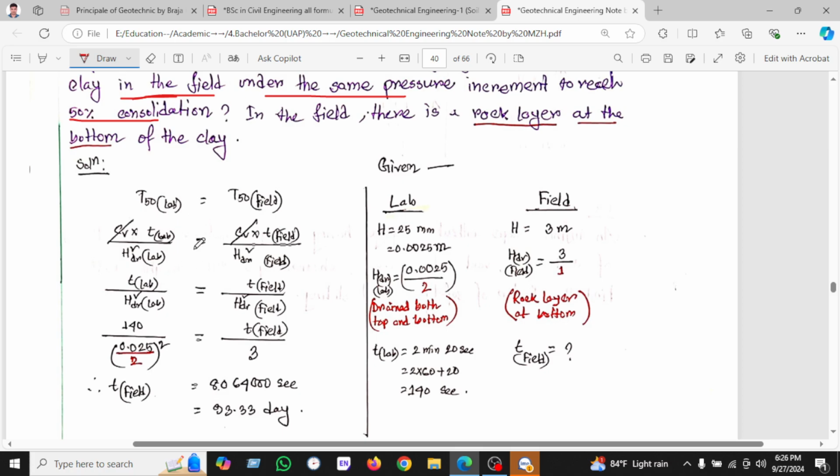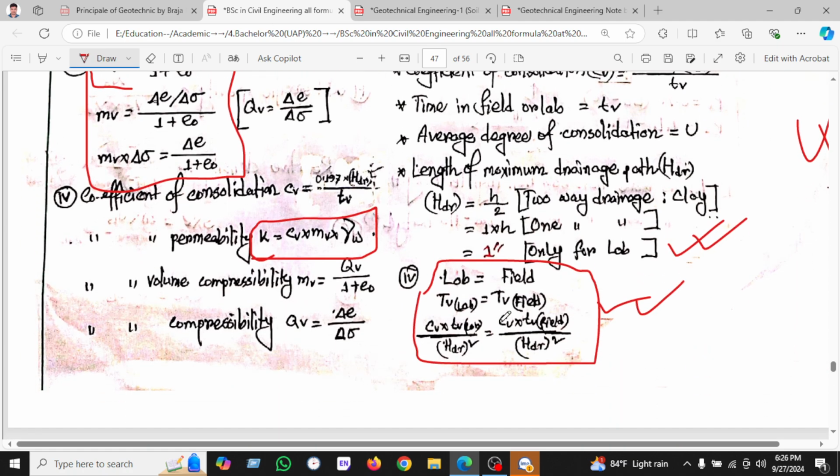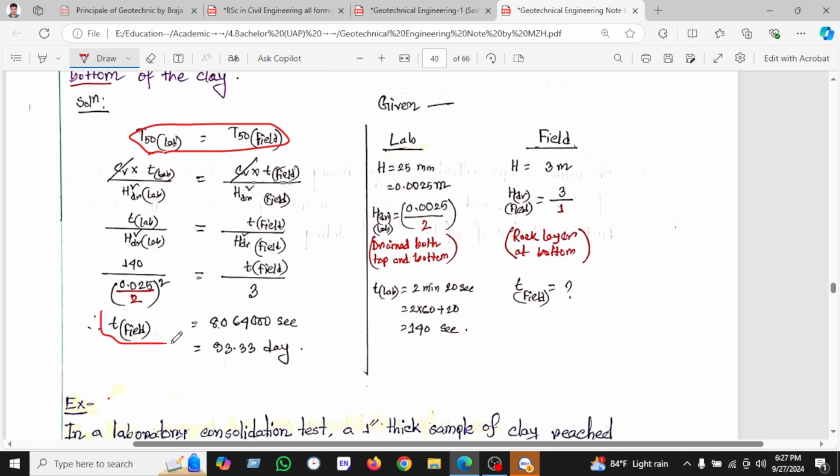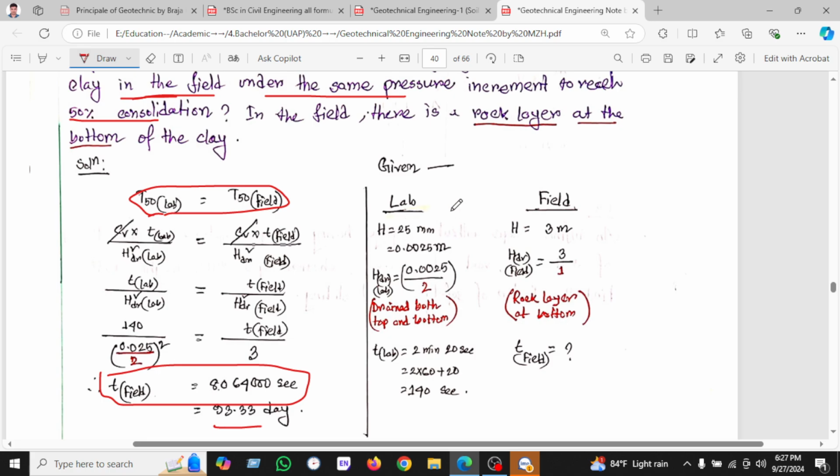Okay, so we will compare the lab to the field. We use the TB formula, TB equal to CB, TB into drainage square, and putting in this value we find TB equal to this many seconds, which is 93.33 days. Given lab and field, all the information is given.